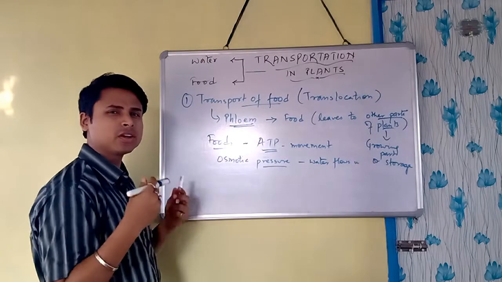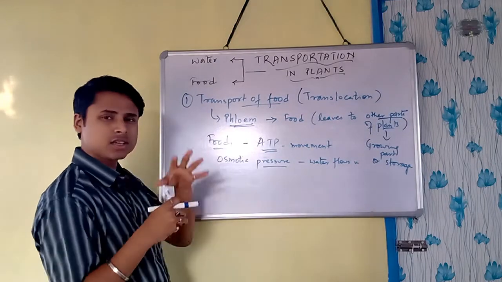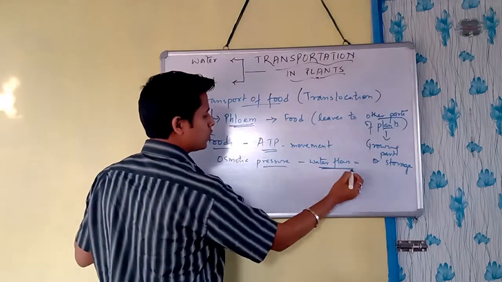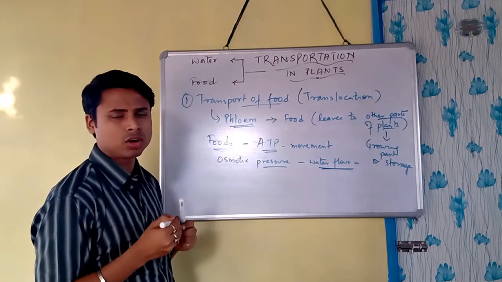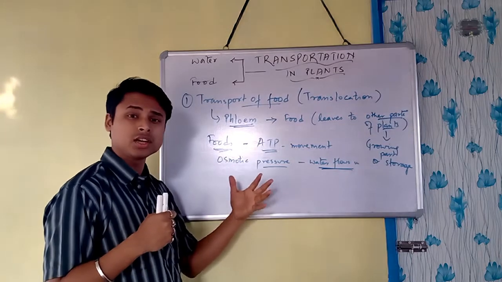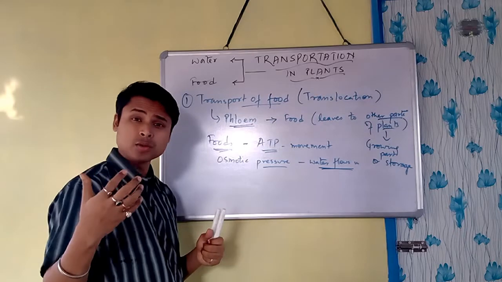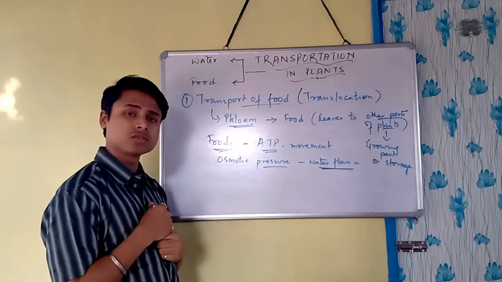Now it becomes very easy, because with the help of water, a concentration gradient is created from higher concentration to lower concentration, and the food travels along with the water. Wherever the lower concentration is created, suppose in some storage unit like the stem or roots, or some growing part, whether fruits or flowers, there it moves.